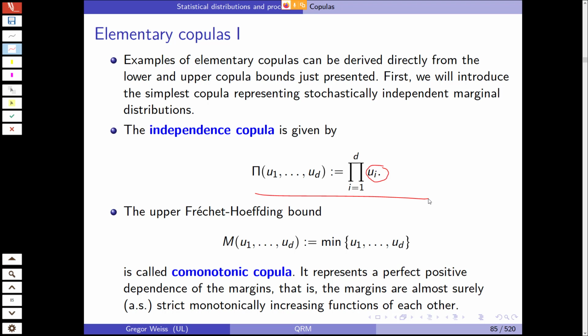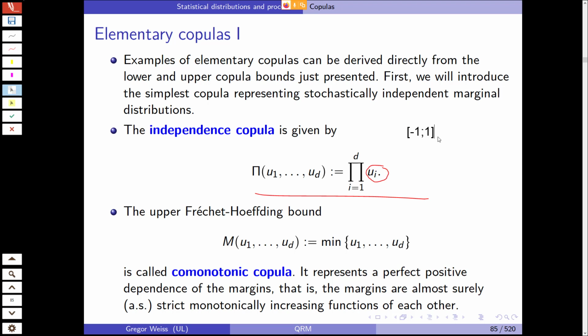The upper Fréchet-Hoeffding bound, the minimum of u_1 to u_d, is called the comonotonic copula, and it represents a perfect positive dependence of the margins, in the sense that the margins are almost surely strictly monotonically increasing functions of each other. Now, with correlation, you would say that correlation can be between -1 and 1.